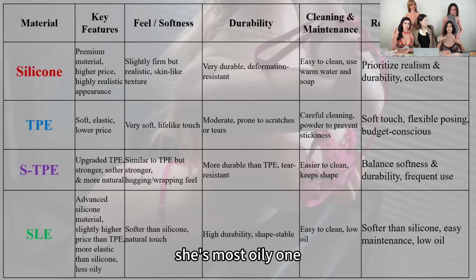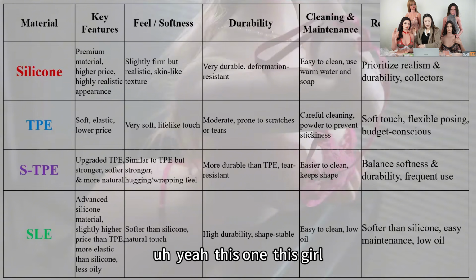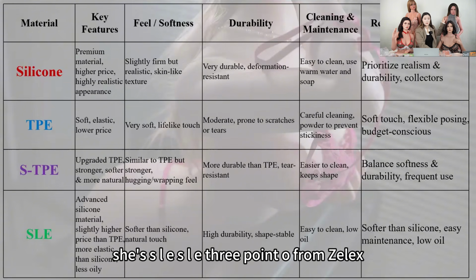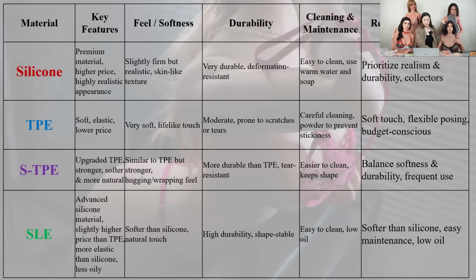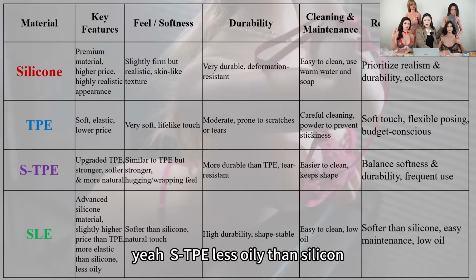She's the most oily one, second oily one, third oily one, and least oily one. Yeah, this girl, she's SLE 3.0 from Zelex. Yeah, STPE, less oily than silicone.